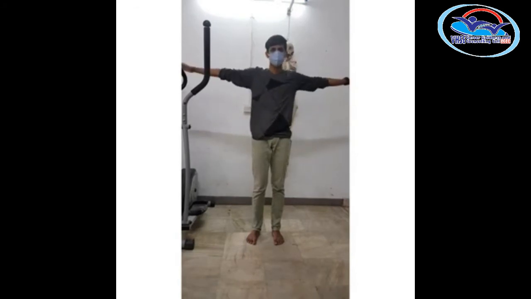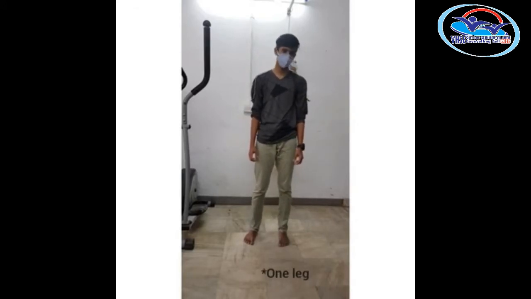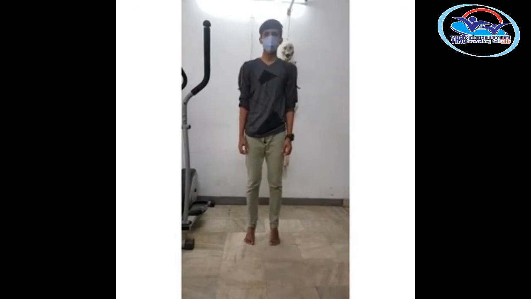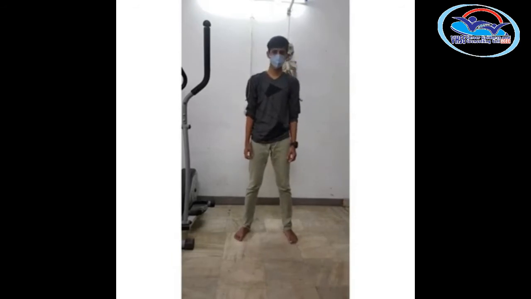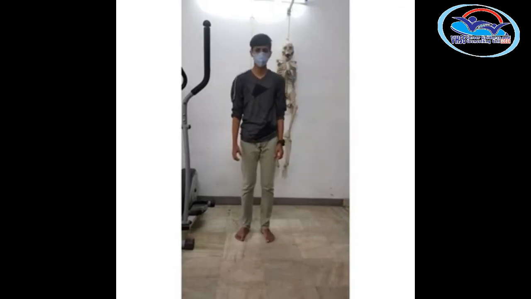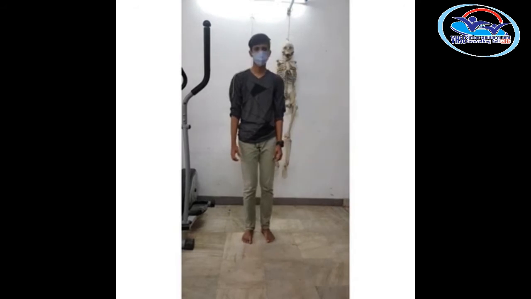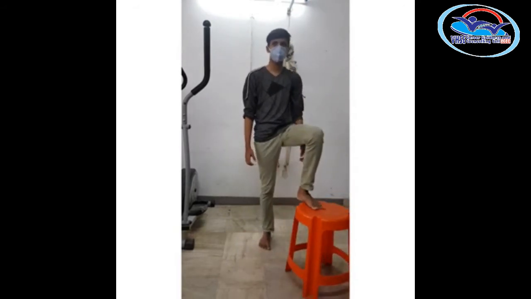And now by alteration of the legs: toe standing, standing on the toes; stride standing with wide base of support; and walk standing, one leg in front of the other as if we are walking; and half standing, keeping one hand up on the stool, small stool or large stool, wherever it is.